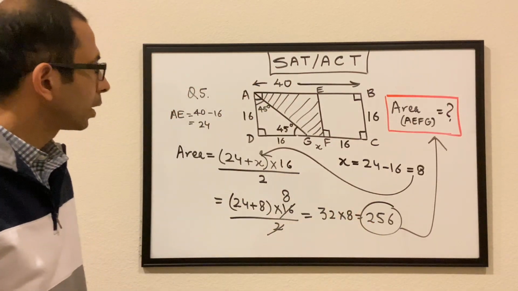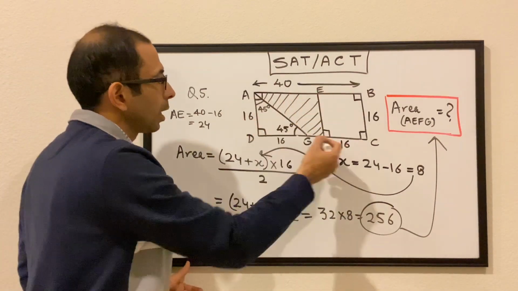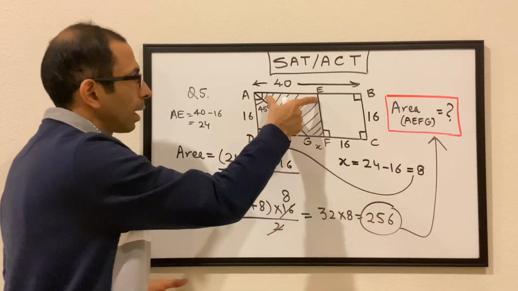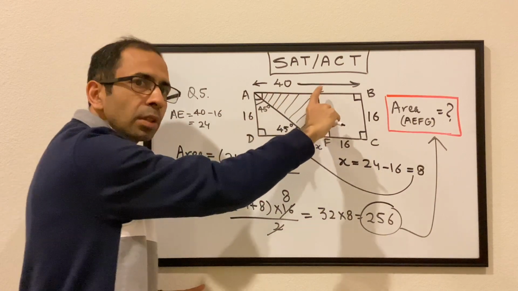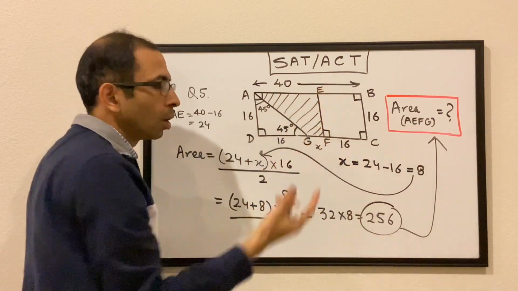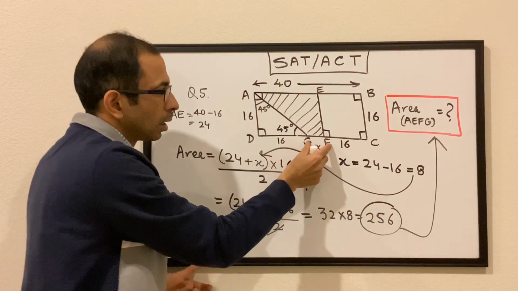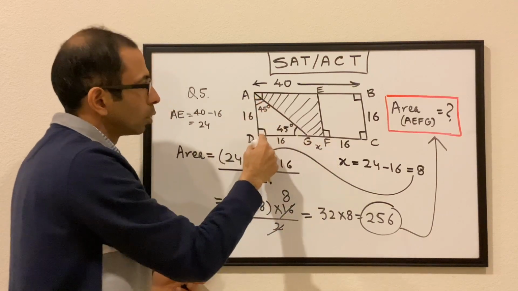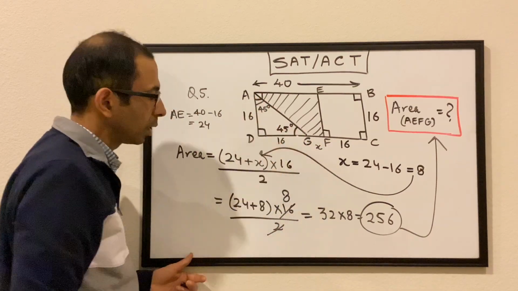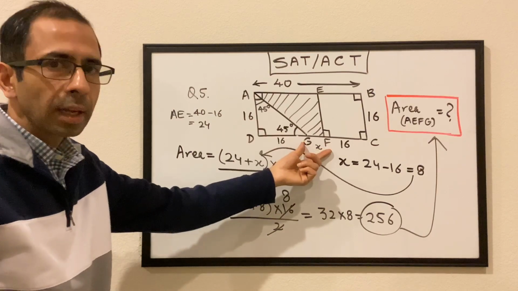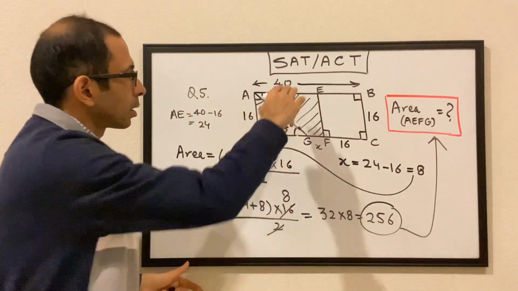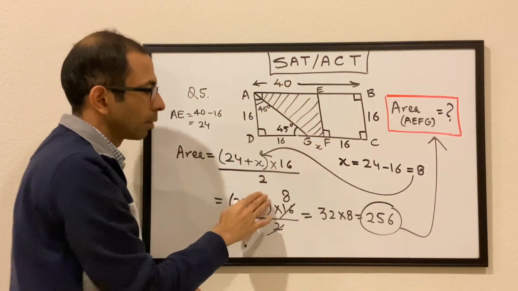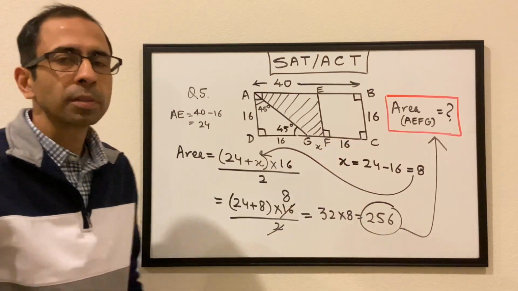Again, just to quickly reiterate, we see that AEFG is a trapezoid. We have the length of this base, we have the height between the two parallel bases. All we had to do was find this base, which we could do because this angle was given as 45 degrees. We found the value of this side X. Area of the trapezoid is the sum of the bases times height divided by 2, and we get 256.